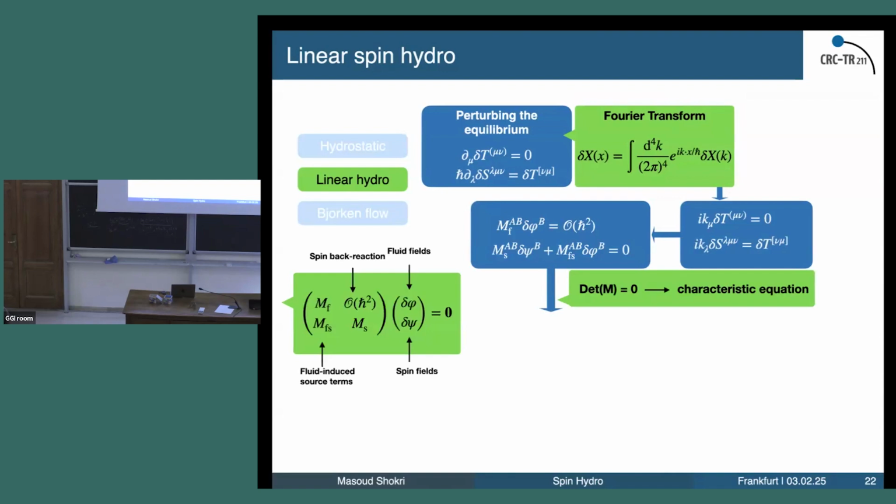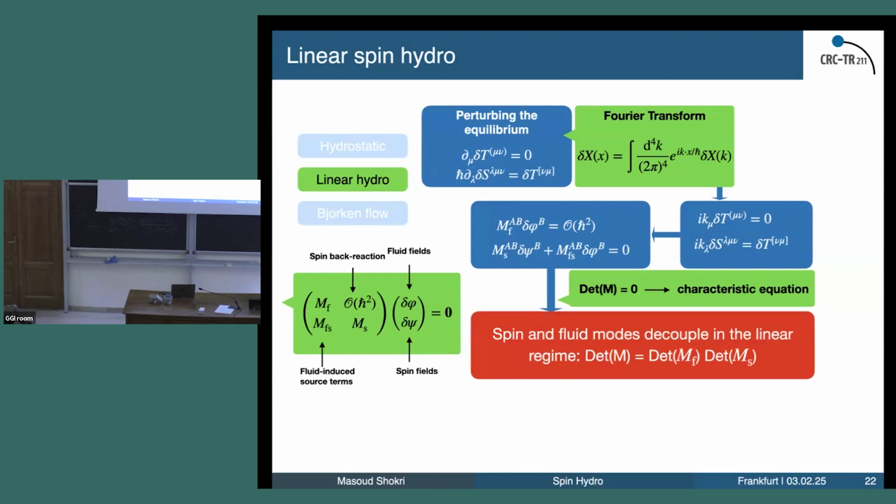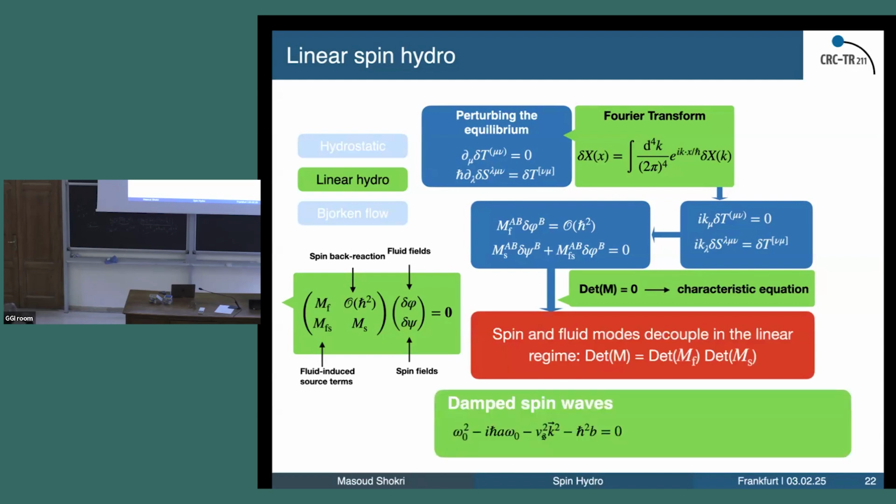But it turns out that because there is no back reaction from spin to fluid, there is no back reaction from the fluid waves to the spin waves at first order in the spin potential, because this matrix is block diagonal. This is a general thing. It only needs you to truncate at first order in spin, and it doesn't matter how many degrees of freedom you have in your spin. So the spin and fluid modes decouple in the linear regime, and we end up with the same damped spin waves.